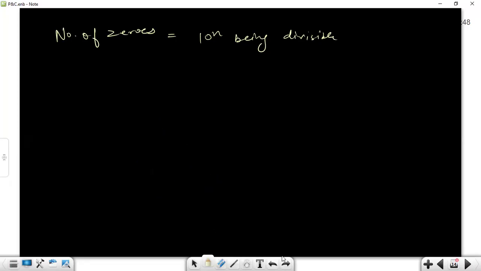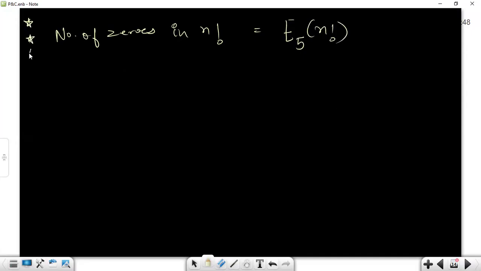So if we have to find the number of zeros in n factorial, then we have to look for the exponent of 5 in n factorial. Is that clear, everyone? Yes, sir. That's the conclusion.